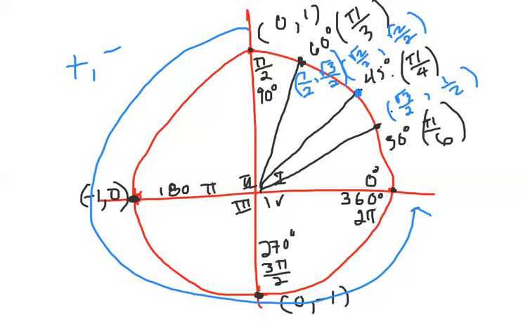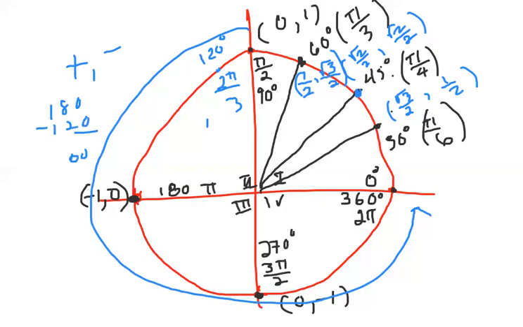So guys, if we go over here to 120 degrees, by the way, 120 degrees in radian measure is 2 pi over 3. And if we're looking at it in terms of the reference angle, if we drop the reference angle to the x-axis, you subtract 120 from 180, which leaves you with 60.